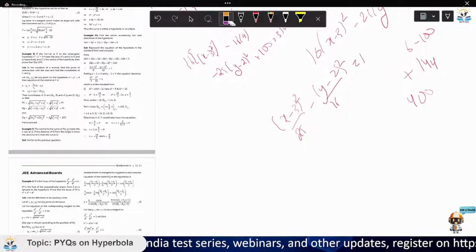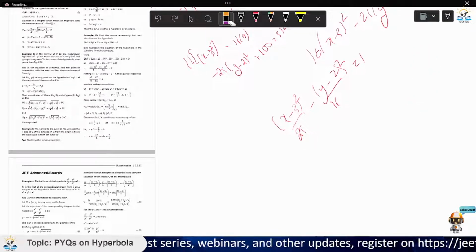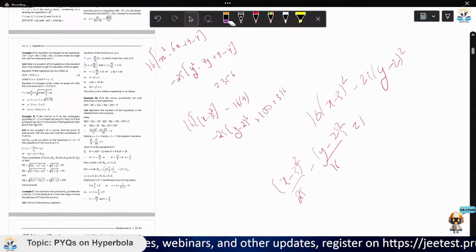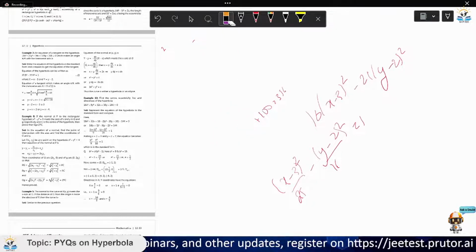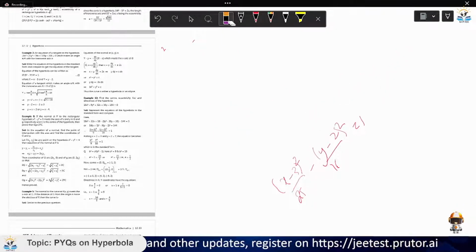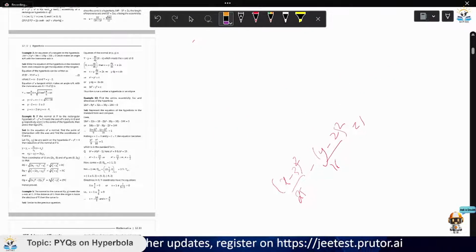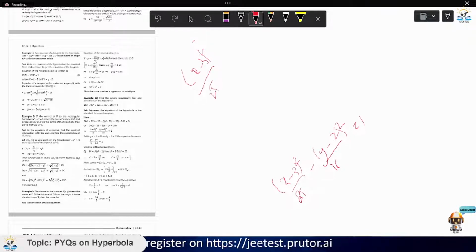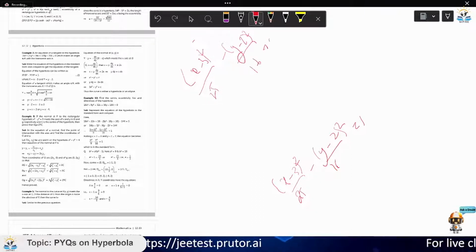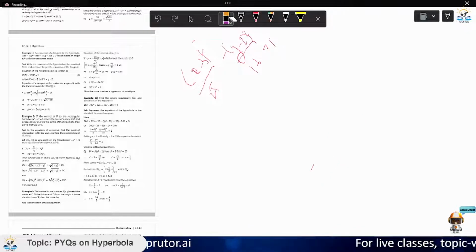So this is our equation, right? I'll just erase the rest of the part and rewrite the equation for a better solution. So this is my standard equation. Okay, and now what was I asked?